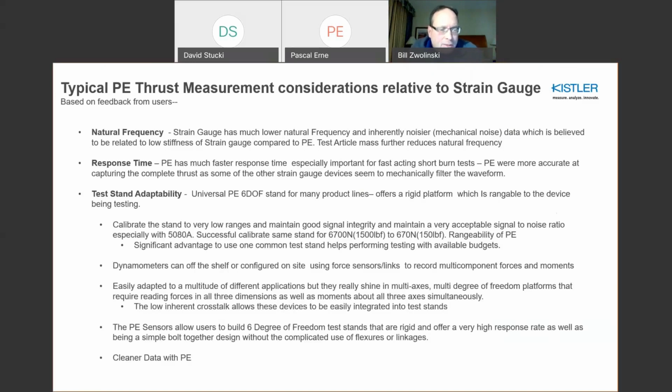It could be something that's built on site based upon components. And certainly the low crosstalk is another area that was brought to my attention from some of these users, and some of the things to keep in mind. Anyway, there's a good awareness on the strain gauge side, and at least for a range of applications, for sure, the piezoelectrics provide some capabilities as well.